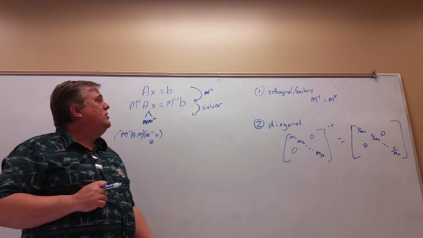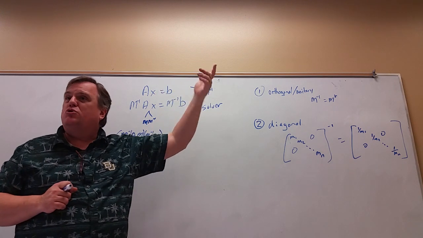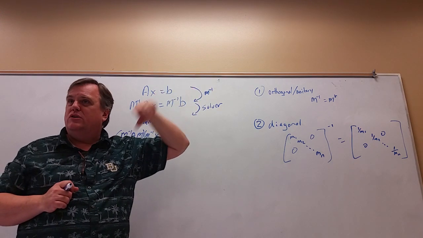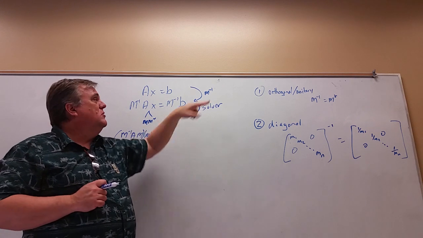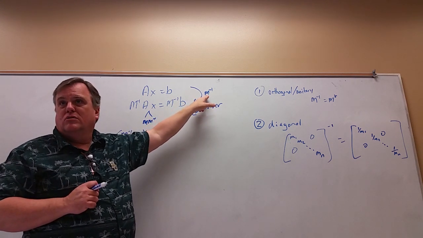So if I did something like that to quickly get M, and I just took the square root of the largest eigenvalue and the smallest, M would be diagonal, so this step would be very fast. Do we agree?